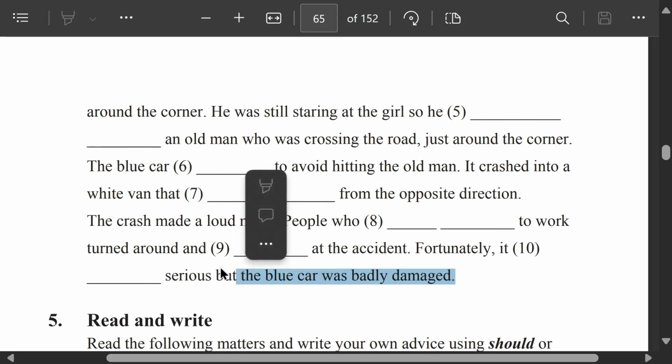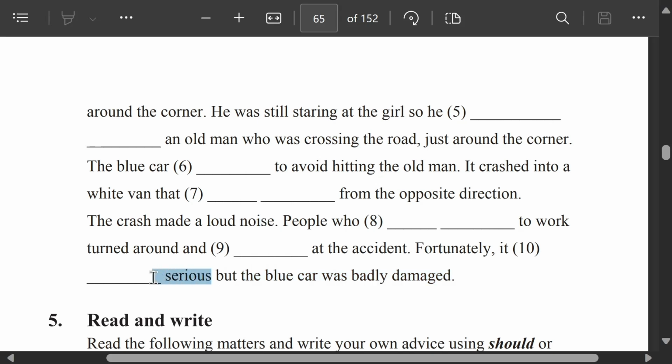So if you have but, so before but you need a positive thing, because but shows like this difference, contrasting difference. So here in this gap, it must be something positive, something good. So fortunately, also fortunately shows it's something good. So fortunately, it was not serious. It wasn't serious. But now we say something bad. The blue car was badly damaged.